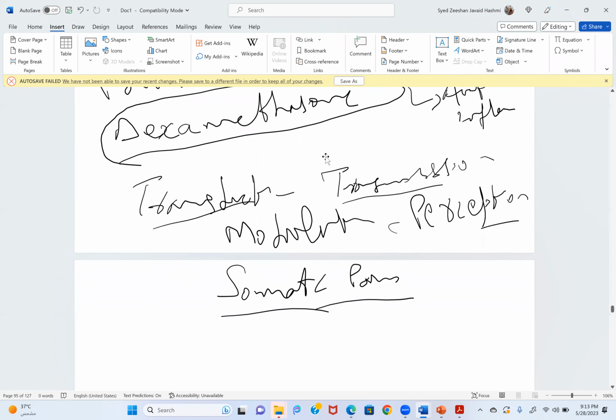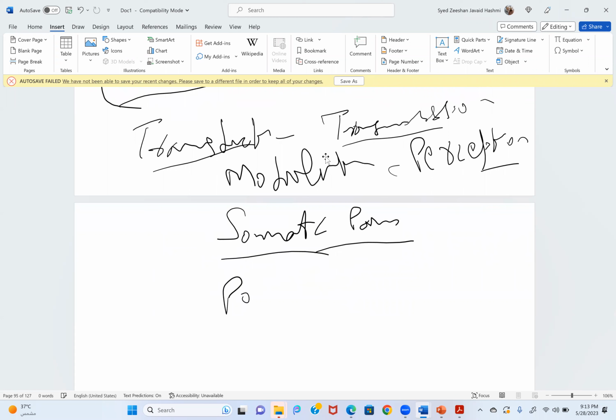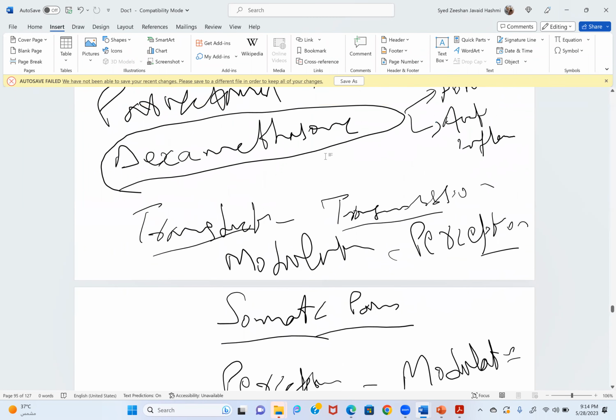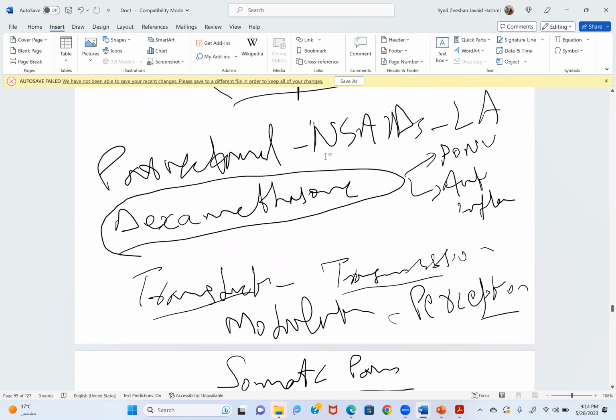But because it controls the perception, and it also has an effect on modulation, we are not able to perceive the pain. The pain is there, but we are not feeling it. The end result is that we are controlling it. So that is the main use of opiates. That's what I wanted to tell you.